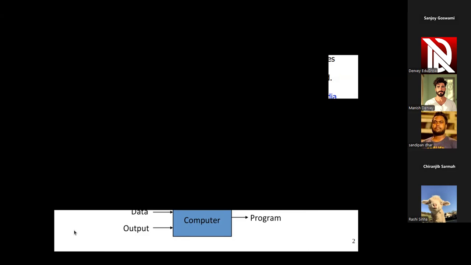Then it is indirectly learning the program. We are not giving any hard-coded program to it; it's trying to program by itself, such that it can map the input data to the desired output. This is how machine learning algorithms work.